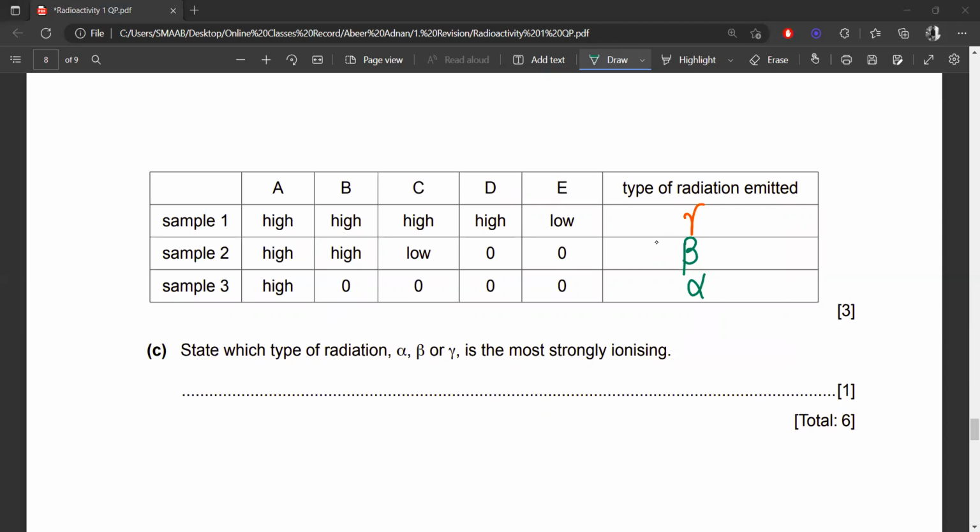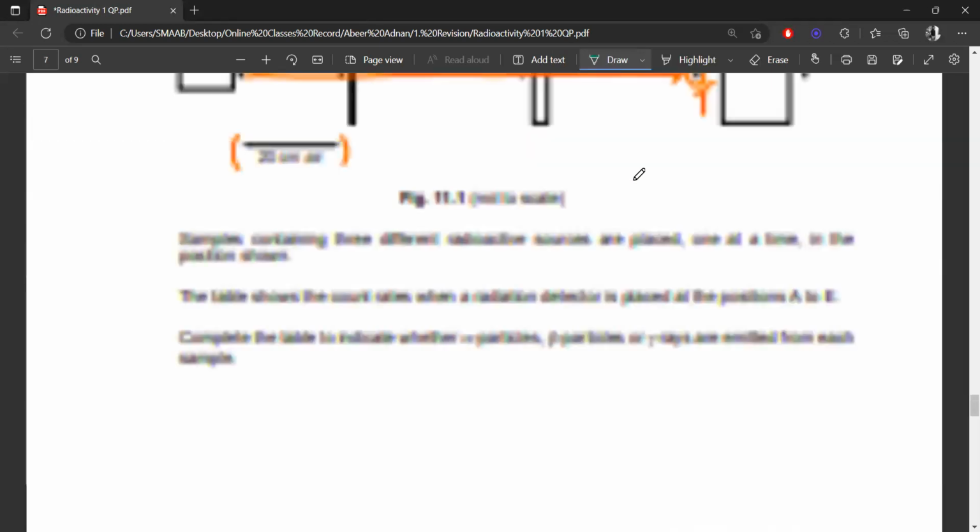Alpha, beta, or gamma? If you remember, we discussed that alpha is greater in mass, so the ionization power of alpha is greater among all these radiations, right? So alpha is the most ionizing. Yes. Okay, so these are some detailed questions.